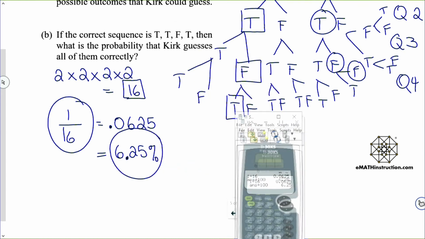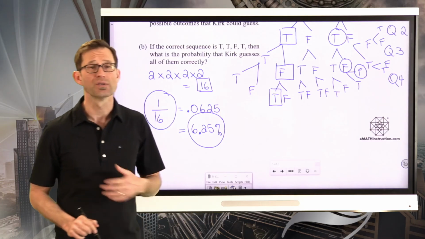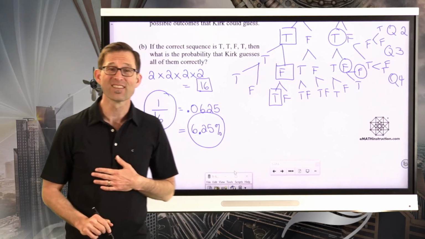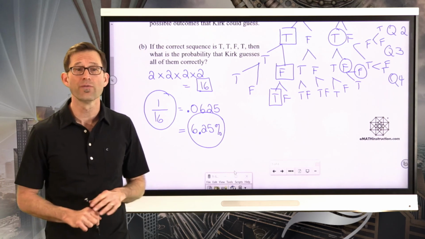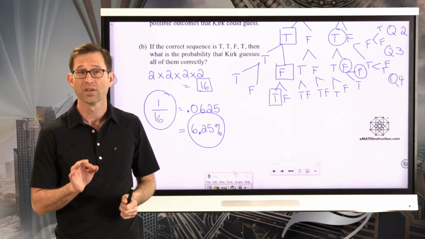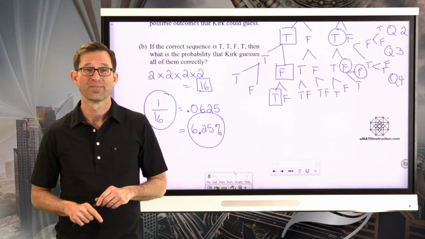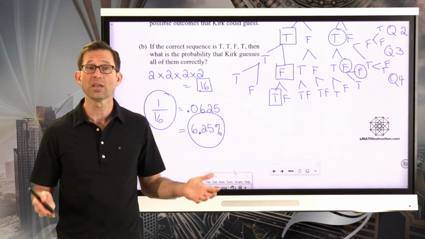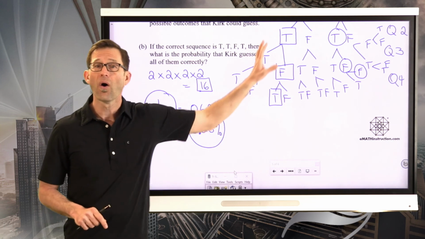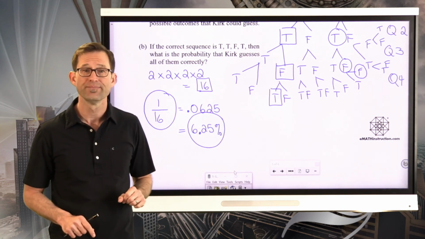Wow. We have less, sorry, I shouldn't say we. I have less than a 10% chance on this true-false test of getting a perfect, of getting them all right if I'm guessing, right? And that's because there's 16 total ways I can guess, all shown in that tree diagram.